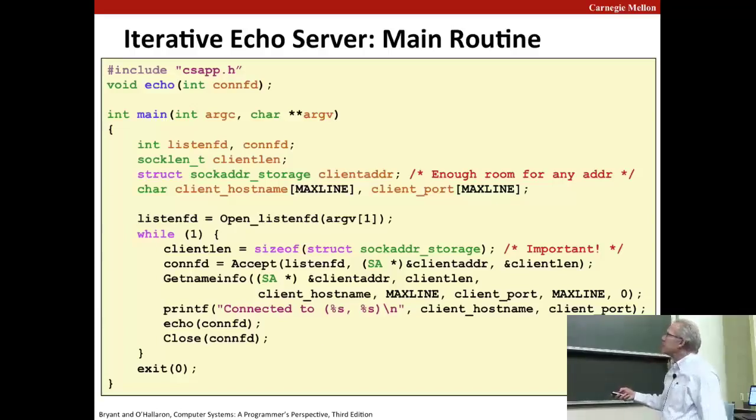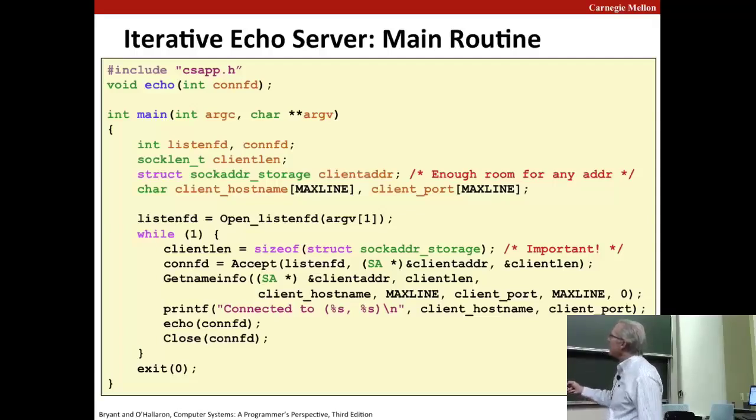And it will come back with the domain name of the client. And that's what you saw printed out when the connection was formed, where that connection was coming from. So all this business here is used to support that feature of being able to print out the host name and what port I am using.